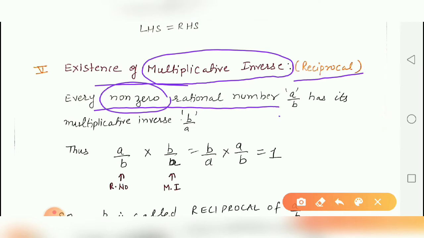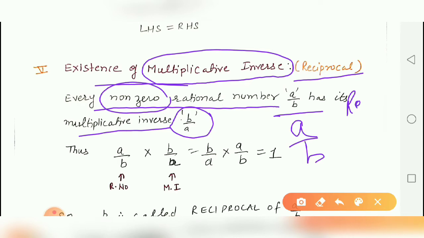Every non-zero rational number a upon b has a multiplicative inverse as its reciprocal. See, if this is a rational number, its reciprocal will be, its denominator will become numerator and numerator will become denominator. So this is the reciprocal of this number.